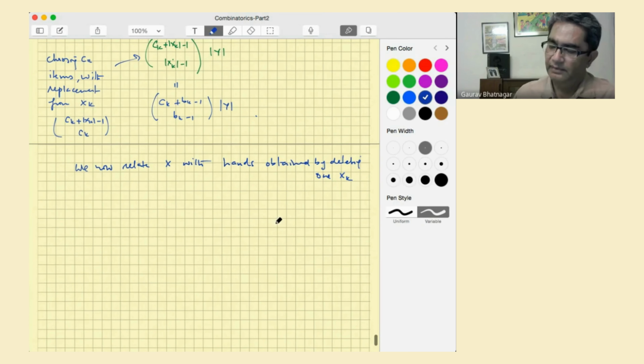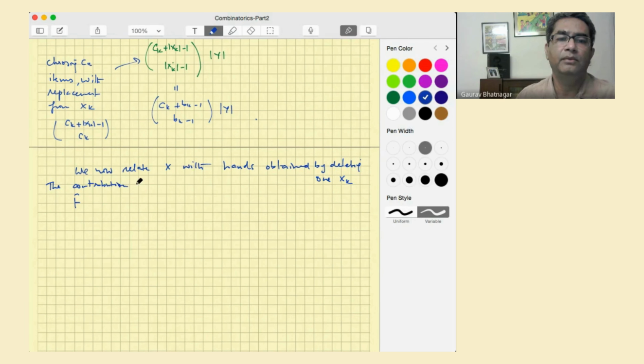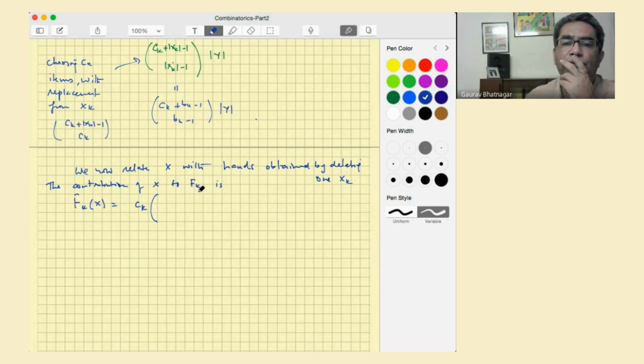So the contribution of X to f_k is, for each of these hands I'll be contributing c_k k's.